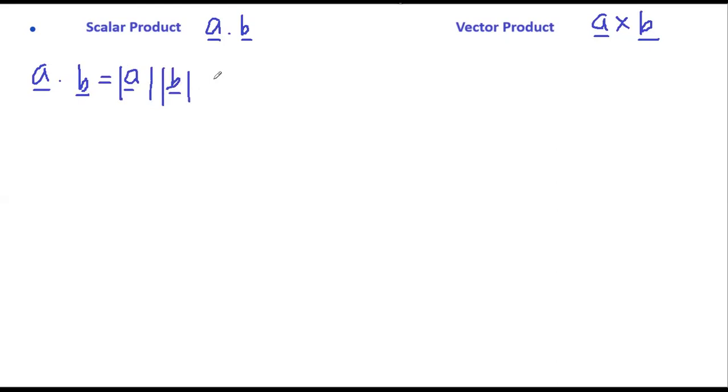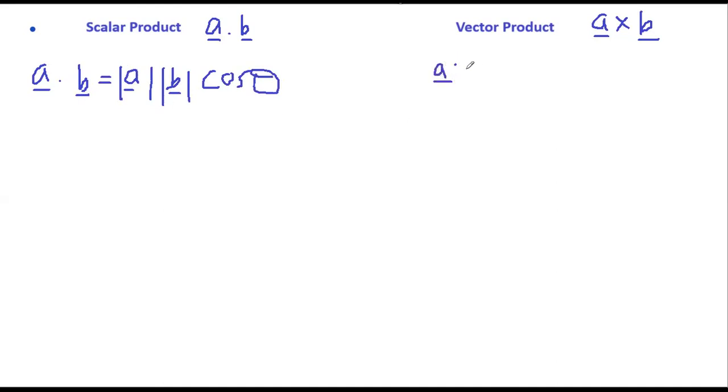We can write the scalar product like this: A dot B, vector A dot vector B. The vector product we can write like this: A cross B. The definition is A dot B equals modulus of vector A, modulus of vector B, cos theta. Theta is the angle between A and B.